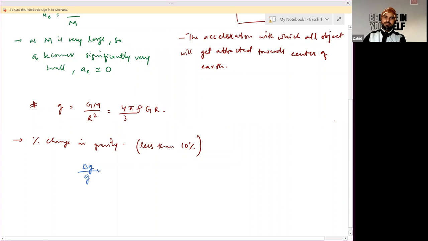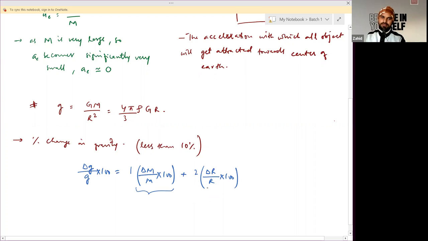So delta g by g into 100 equals delta M by M into 100 plus 2 times delta r by r into 100, because r is raised to 2. According to the question, you may write percentage change in mass in this part and percentage change in radius in this part to get percentage change in gravity.